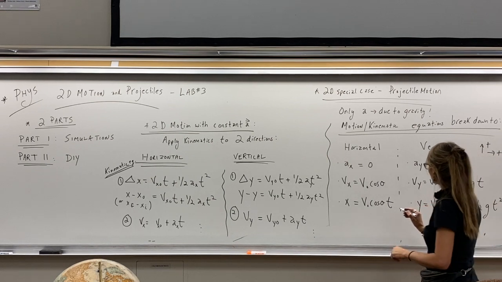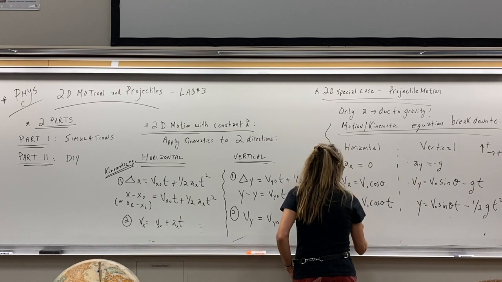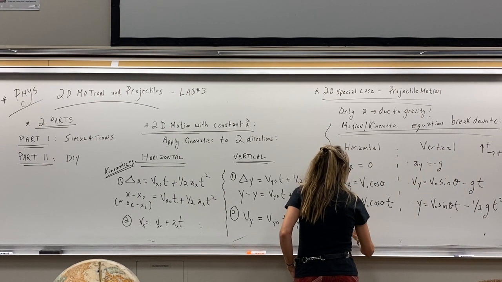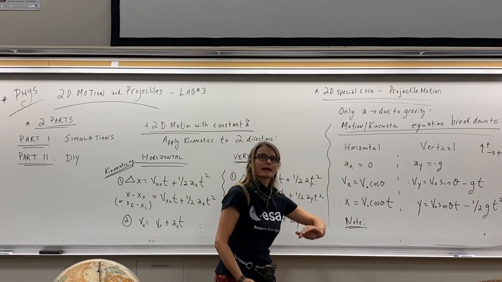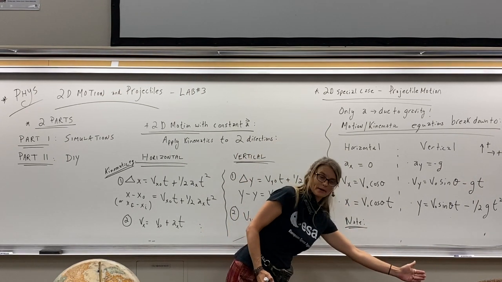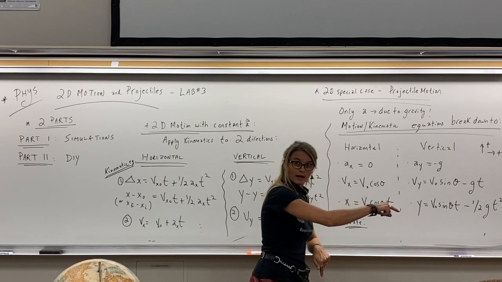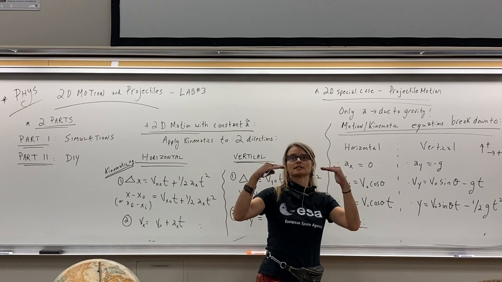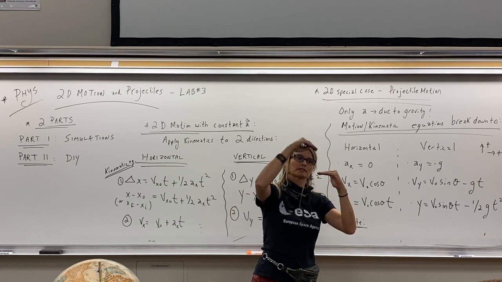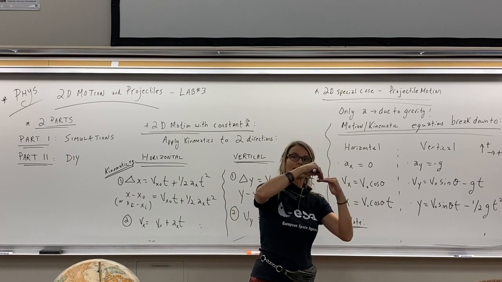So one other note, what you have to remember is that your starting velocity, if you're starting from the ground and your projectile hits the ground, those two velocities should be the same, the initial and the final velocity, as long as the elevation is the same from which the projectile fires and lands.